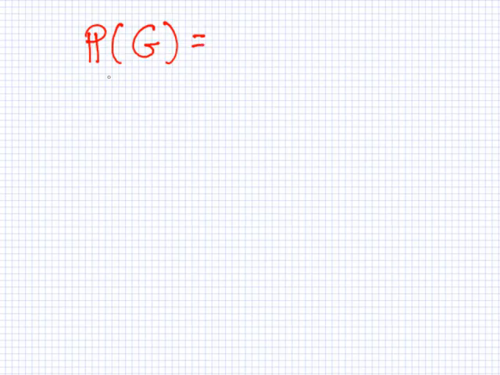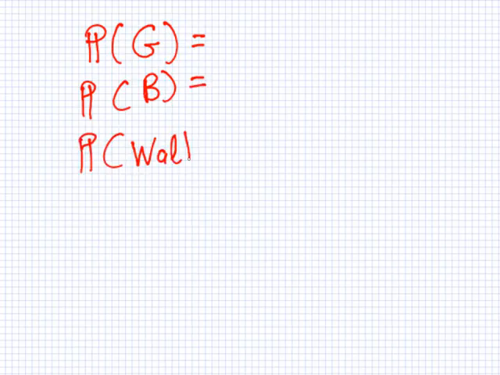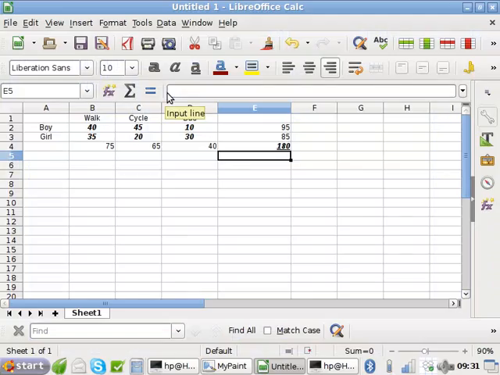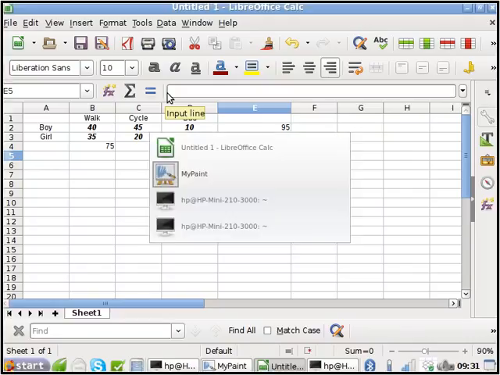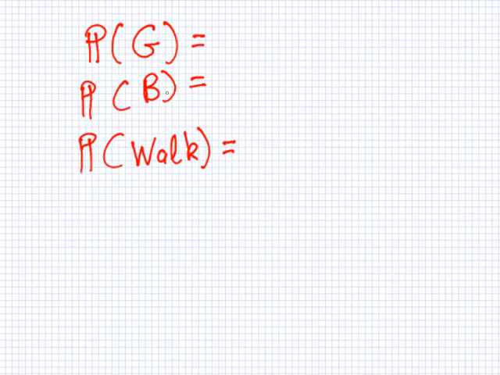Then the probability that you'll get a boy. Then I want probability that you pick somebody who walks to school. So girl, boy, and then walk.